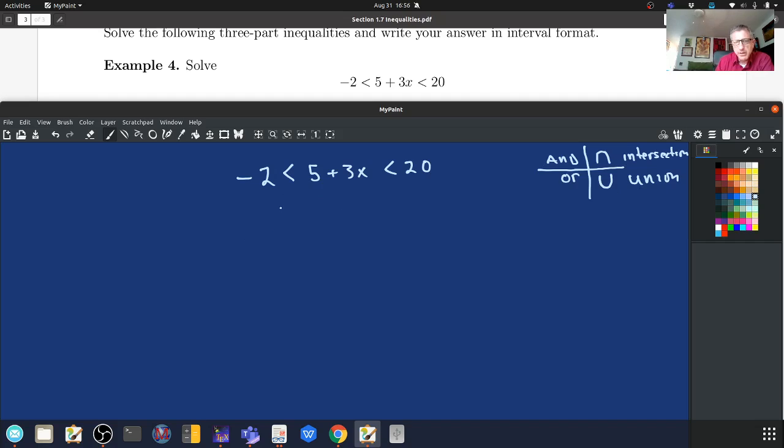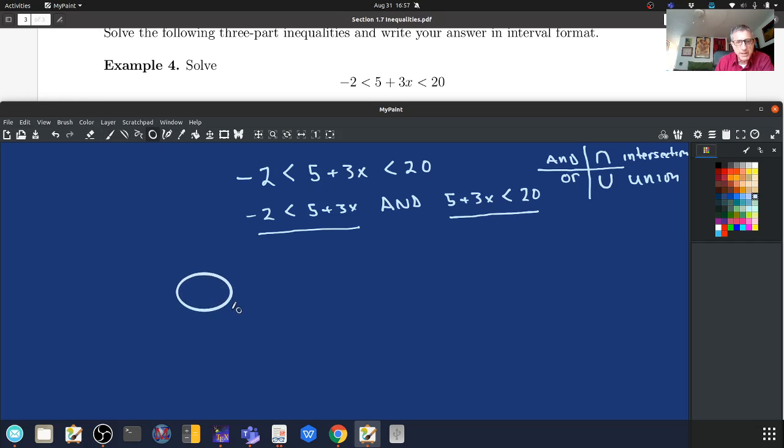So here, this is the same as minus 2 is less than 5 plus 3x, and 5 plus 3x is less than 20. So once I find out the interval that solves this inequality and the interval that solves this inequality, I take their intersection.